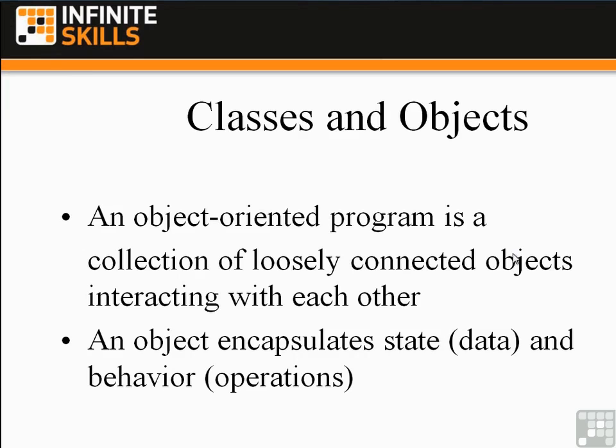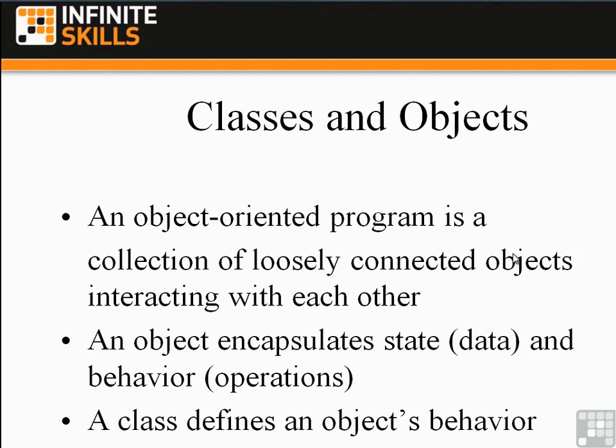An object, or a class, encapsulates state and behavior. When we talk about state, we're talking about data, and when we talk about behavior, we're talking about the operations that that object can perform using either the data that's inside the object or outside data as well.